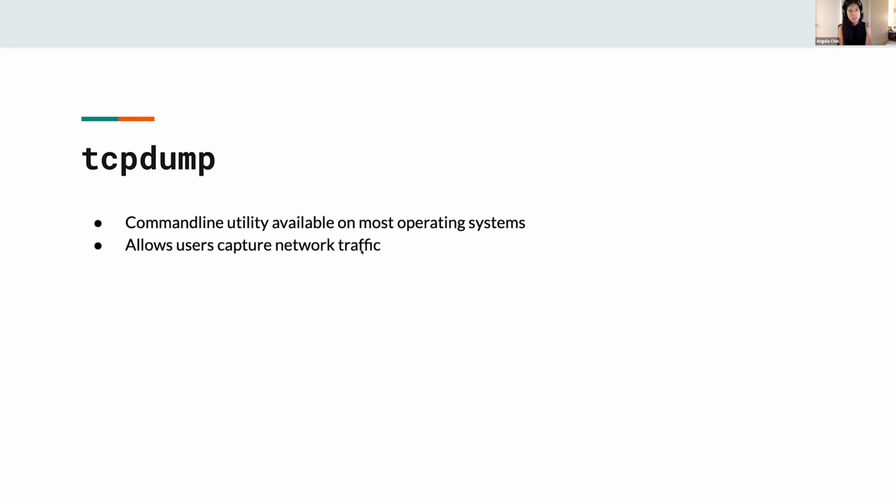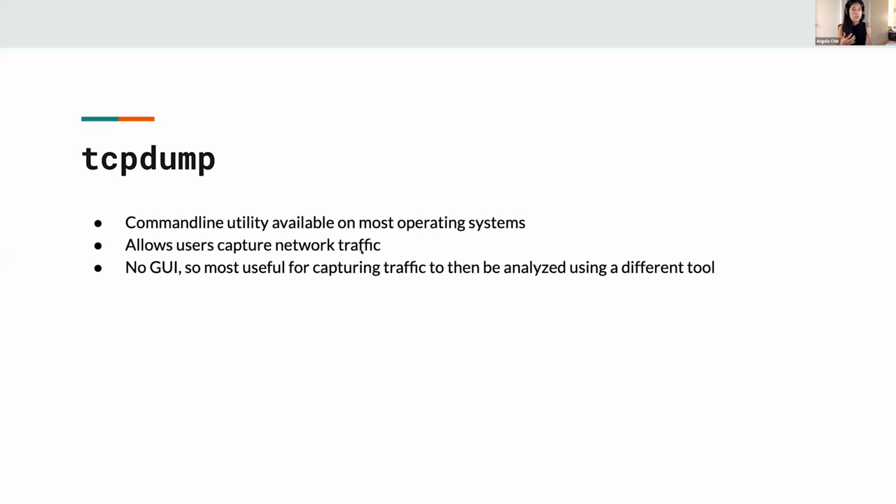The one downside of tcpdump, though, is there is no GUI. So it's most useful, in my opinion, for capturing traffic. You can output the contents of tcpdump to a file and then upload that file to another tool to analyze. This way also you're saving all the information at any given point in time, which is always a best practice.